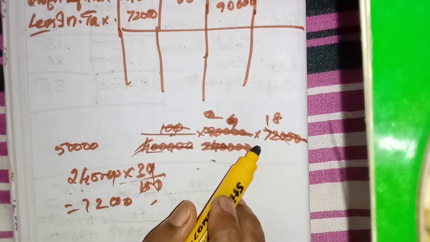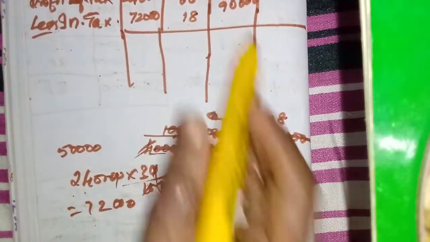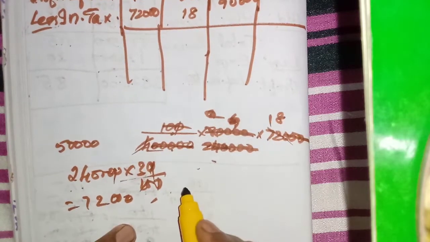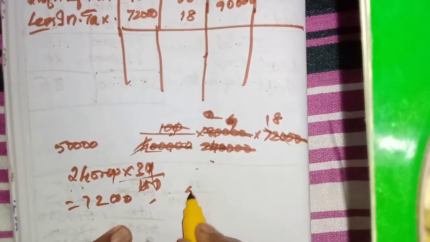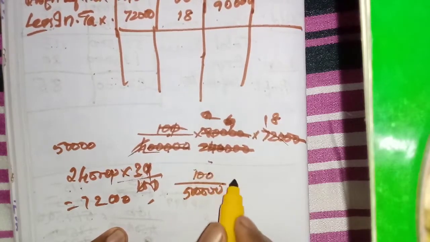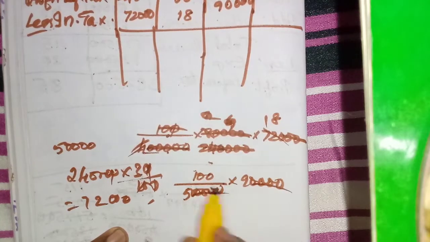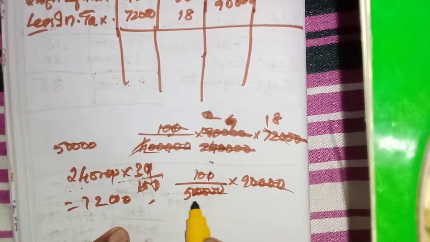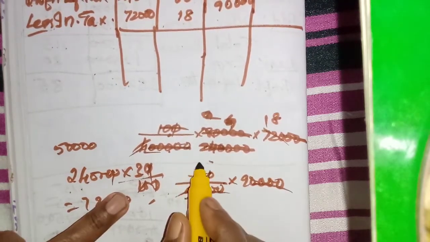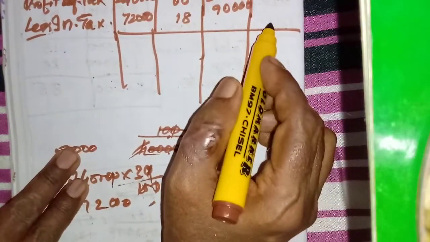Okay, so tax 18%. Then here 90,000. For 5 lakh 100, then for 90,000. 50 401, then 5 10 2 2 into 9 18.